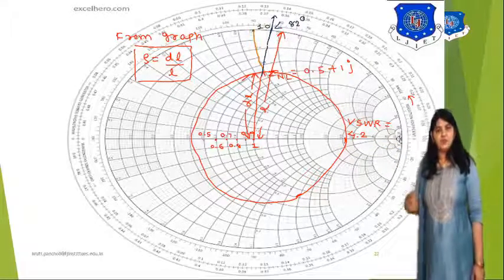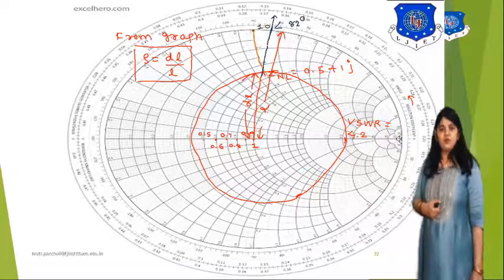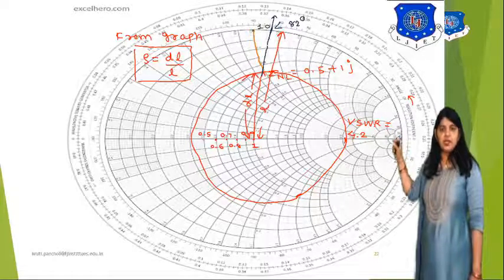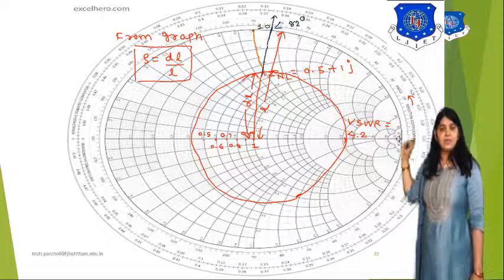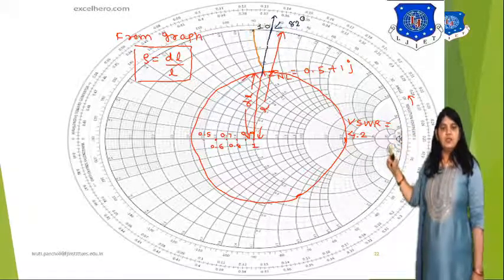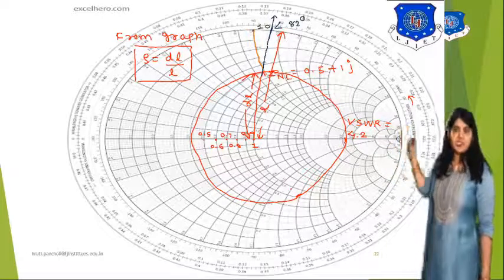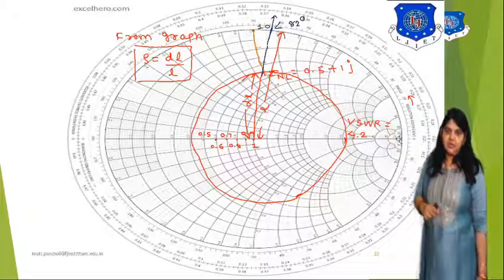Now we need to find the reflection coefficient value. So now what do we do? Here you can see that from r is equal to 1 to the point, that is my length L, and another line, r is equal to 1 which touches the circle, that is a differential length dl.